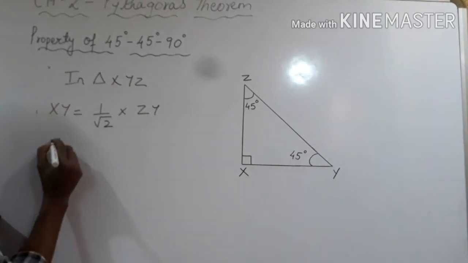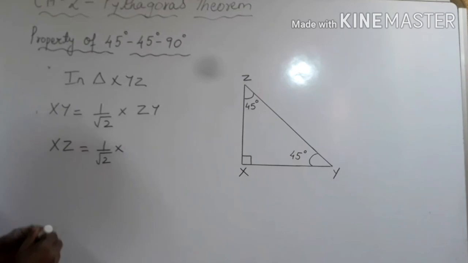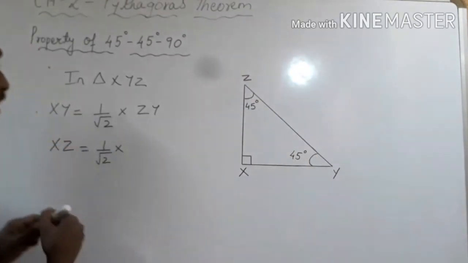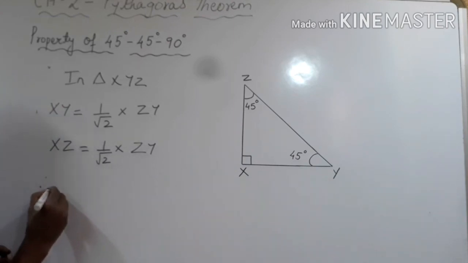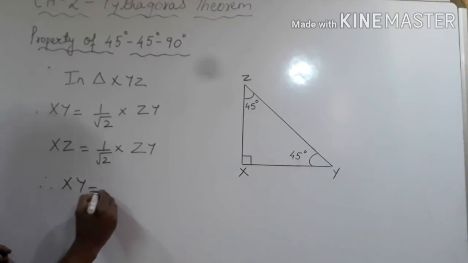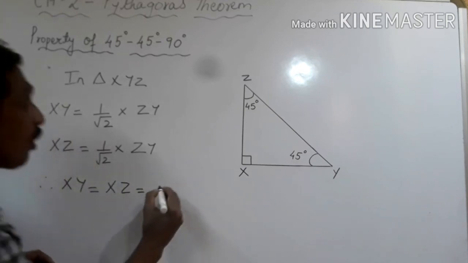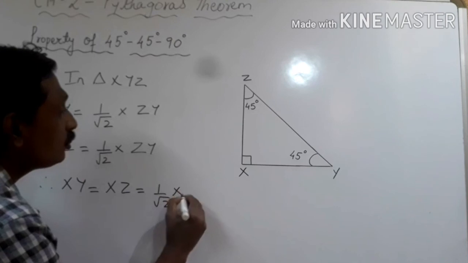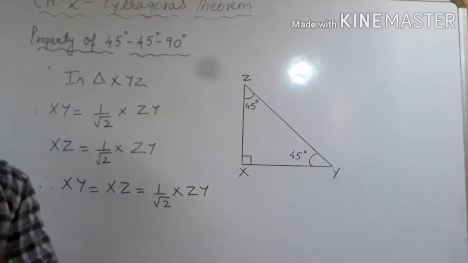So let's write XZ is equal to 1 upon root 2 times the hypotenuse, ZY. We got both the perpendicular sides and each is 1 upon root 2 times the hypotenuse. Therefore XY is equal to XZ, which is equal to 1 upon root 2 into ZY. This is called the 45, 45, 90 degrees property.